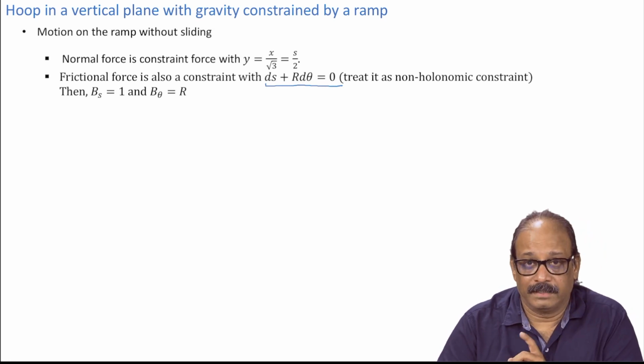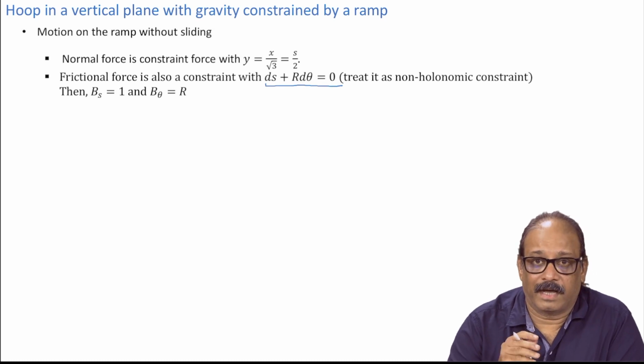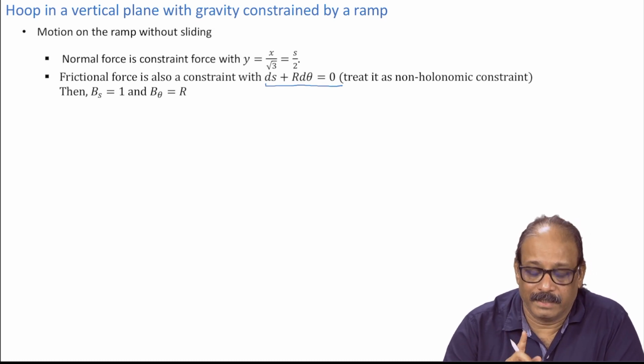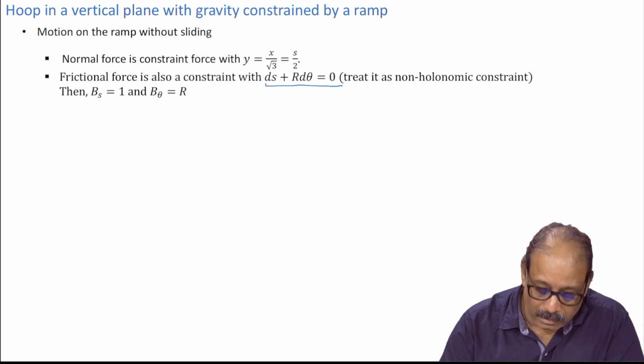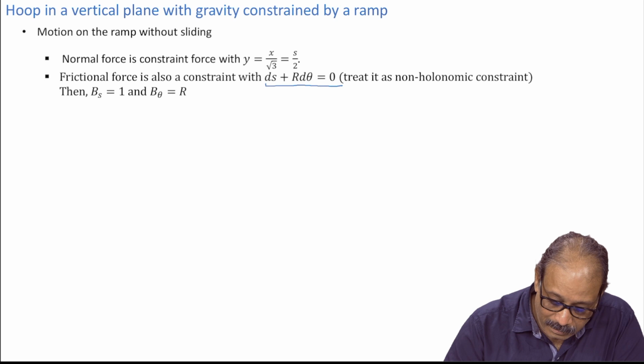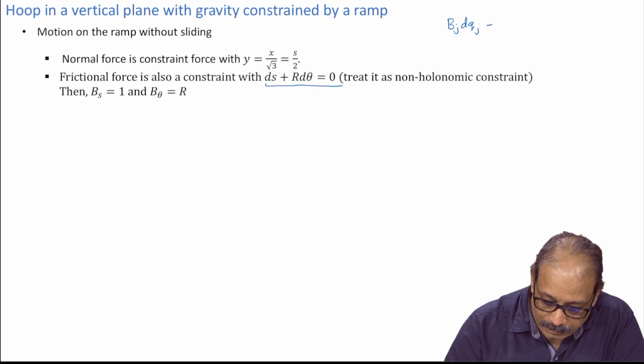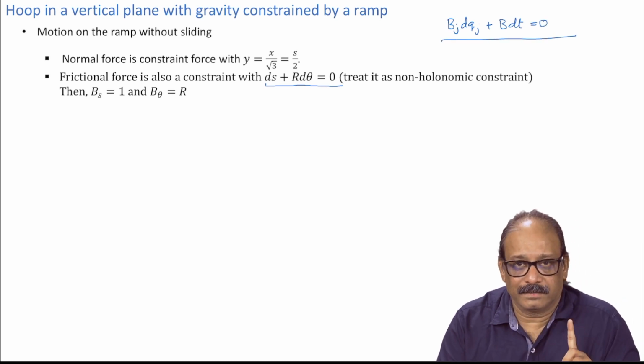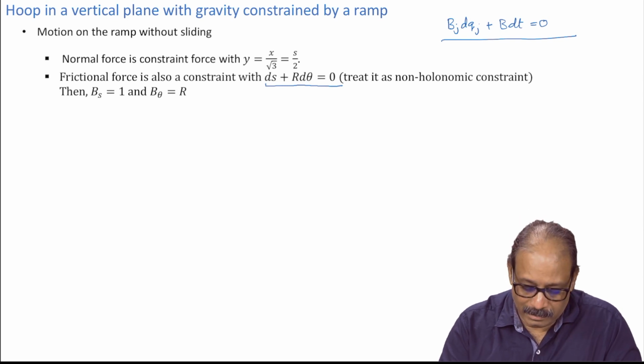Remember, if I have just one constraint, then I will write the Pfaffian form as Bj dQj plus B dt is equal to 0.